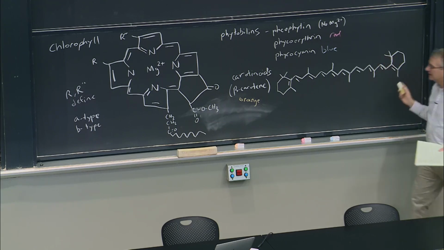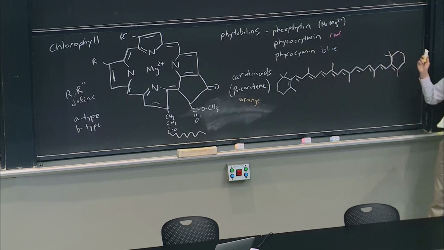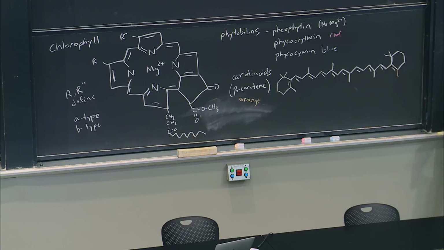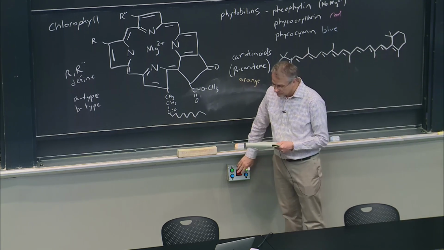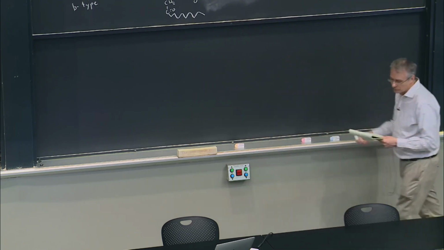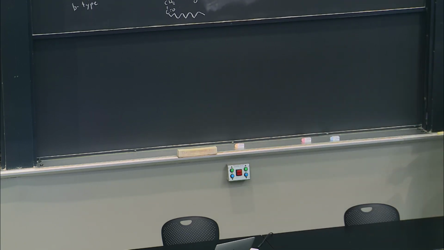The point is that nature has a variety of these structures, all with conjugated double bond systems, all tuned to absorb visible light. And this, of course, also then becomes a major pigment for our visual system, repurposed from the plant using it for photosynthesis.